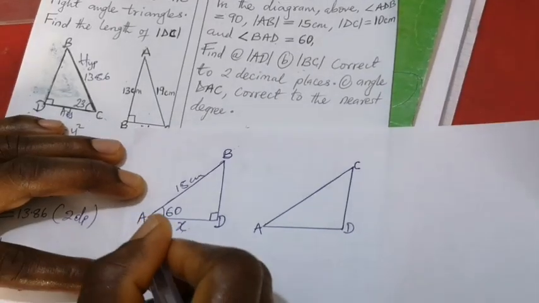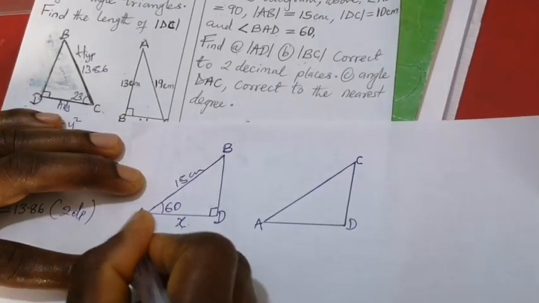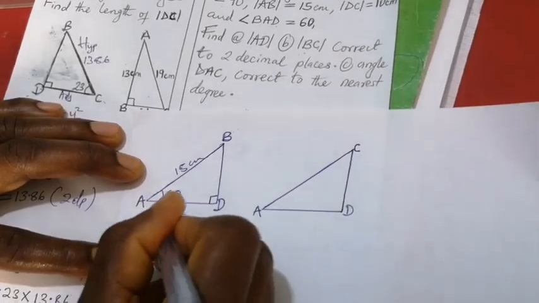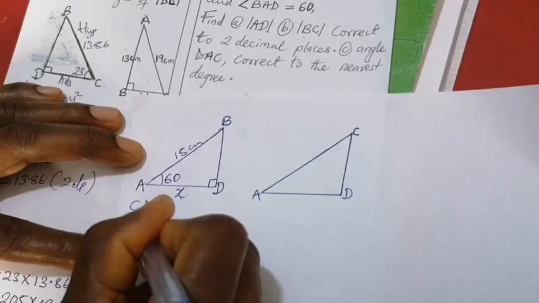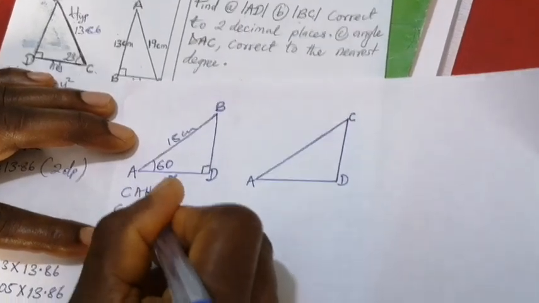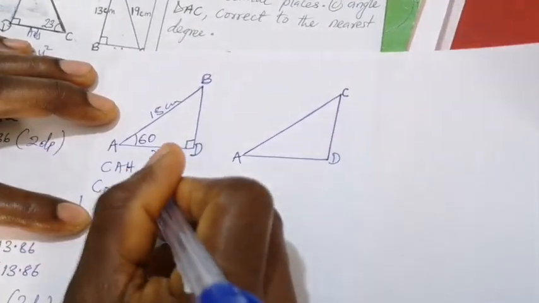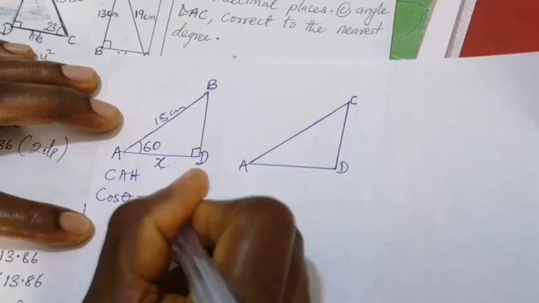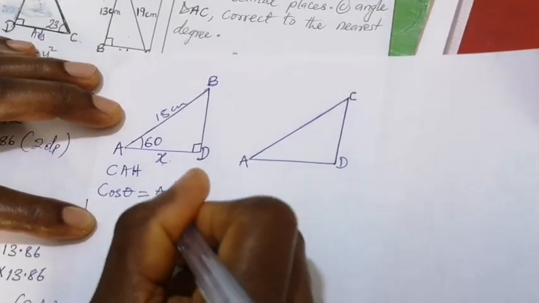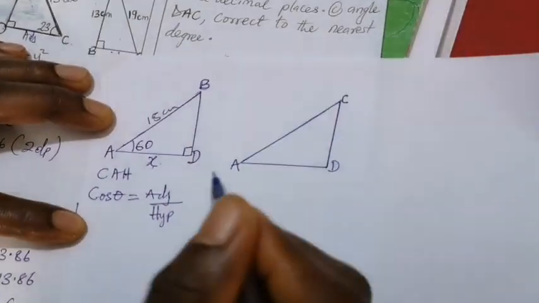And the acronym is CAH, okay, which means cos theta is equal to adjacent all over hypotenuse, okay?